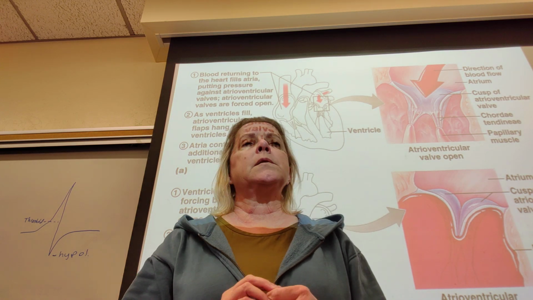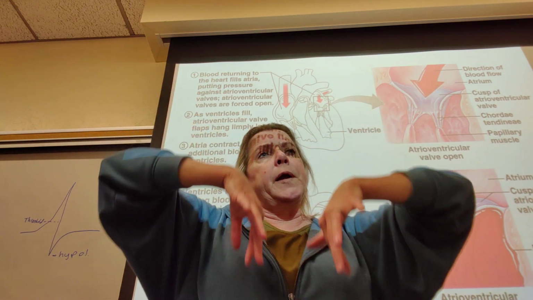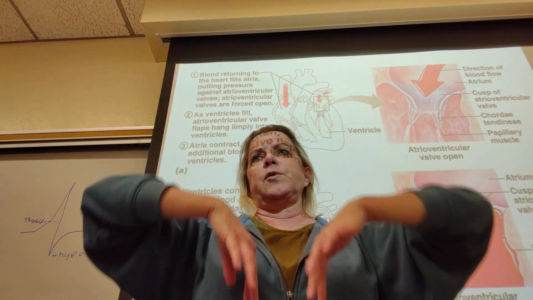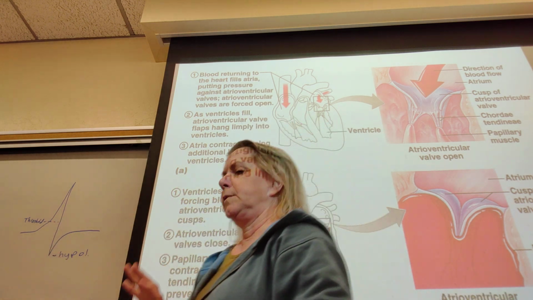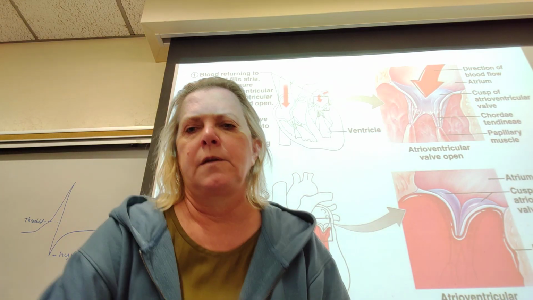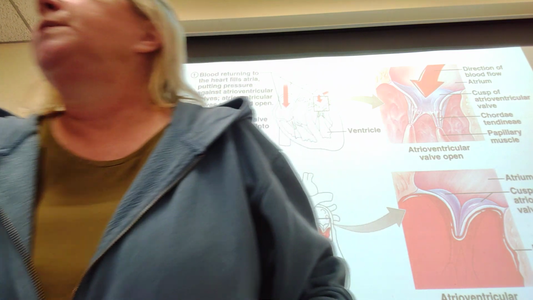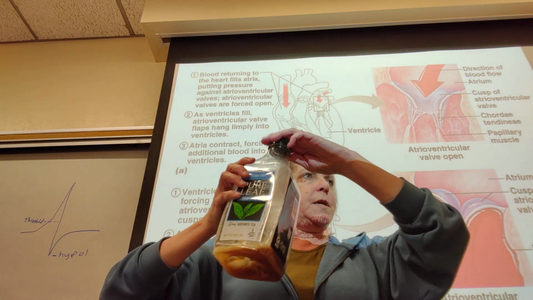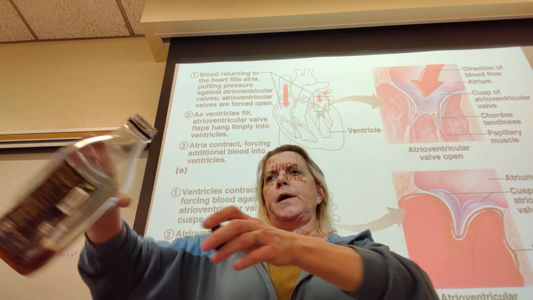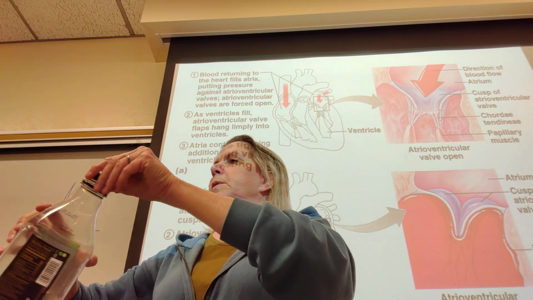There are 4. And the blood pouring into the ventricles from the atria. Again, the heart is still at rest. So if I were to take this tea, pour it into a cup, would it make a sound?